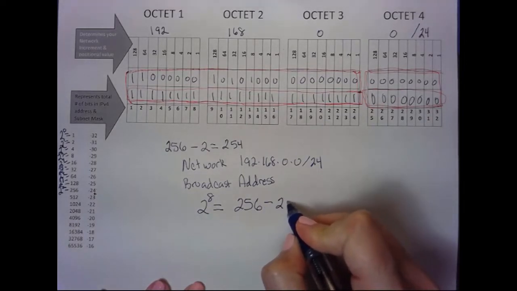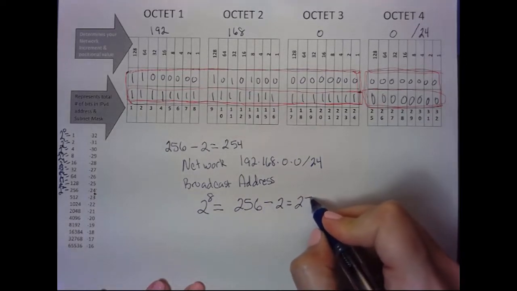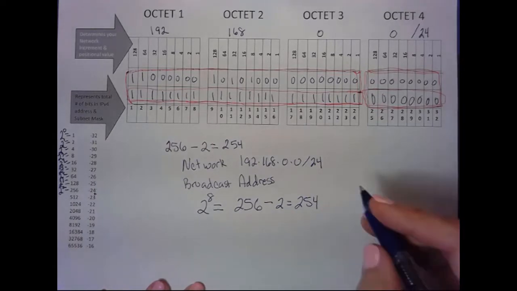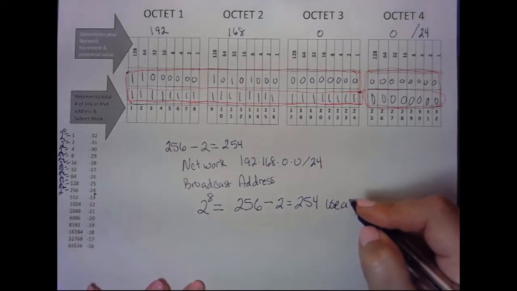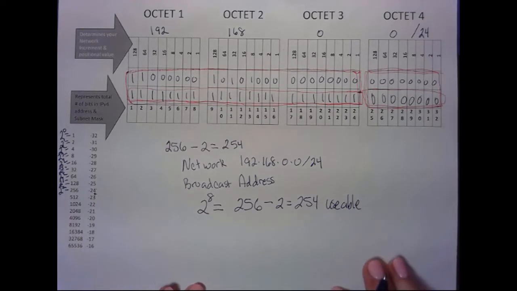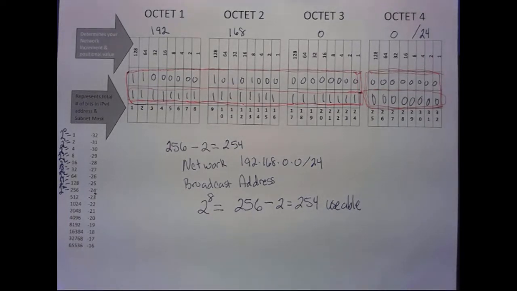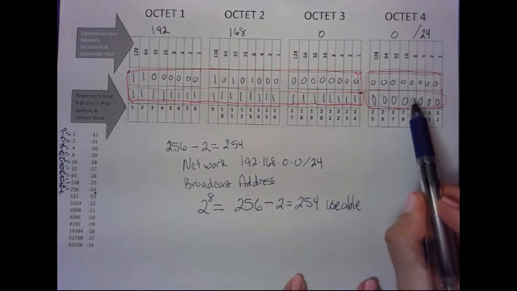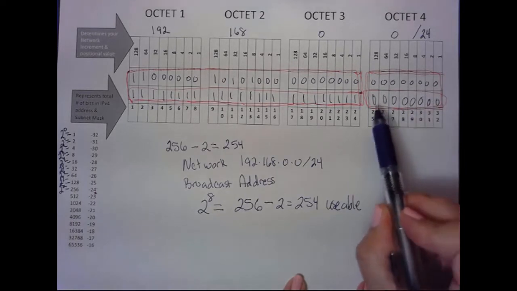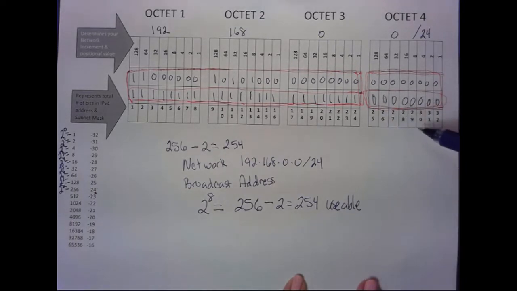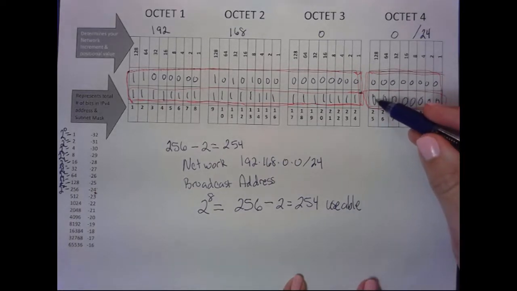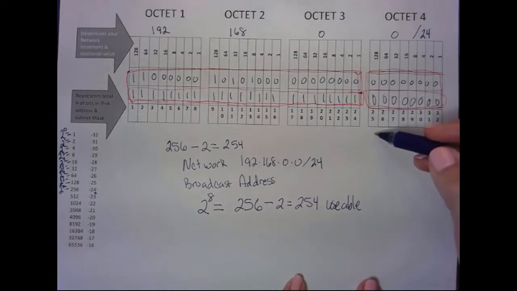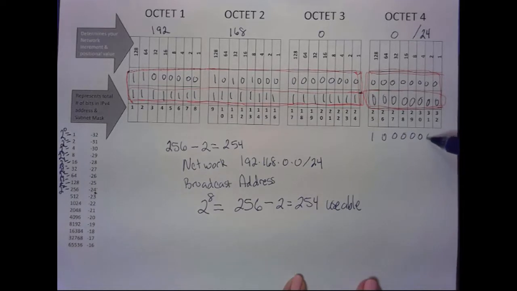Okay, so 2 to the 8th equals 256, and what do I need to do? I need to subtract 2. So I know that I have 254 usable addresses. Now basically what that works out to be is every combination of these zeros being turned off and on. So in other words, when I come up with every combination, that gives me every unique address.